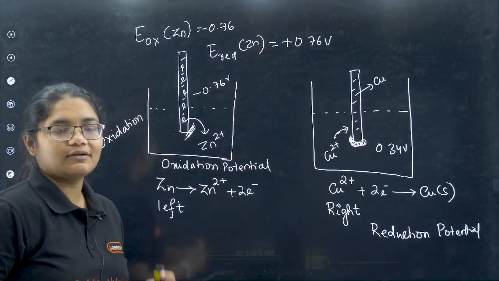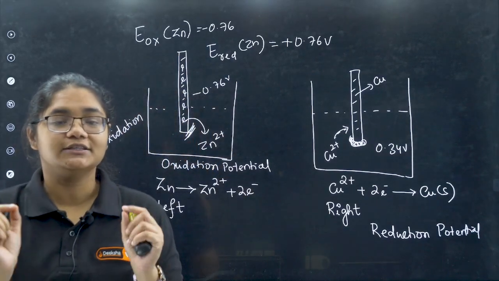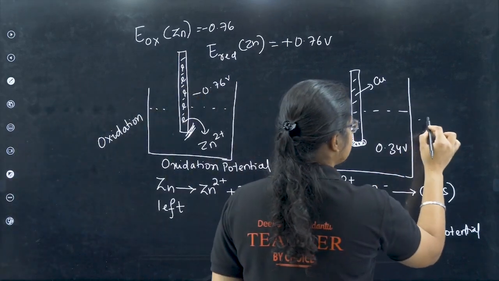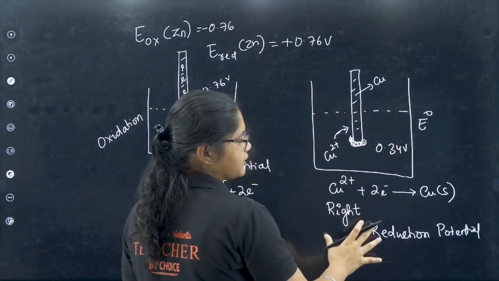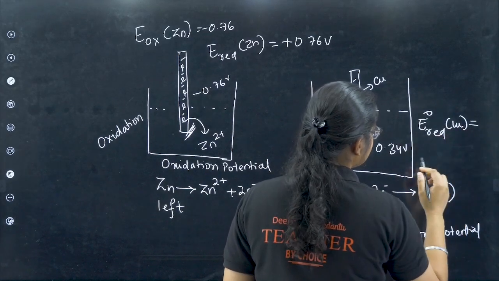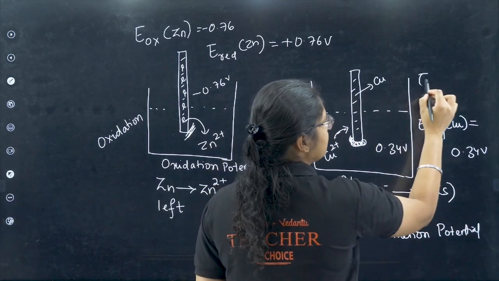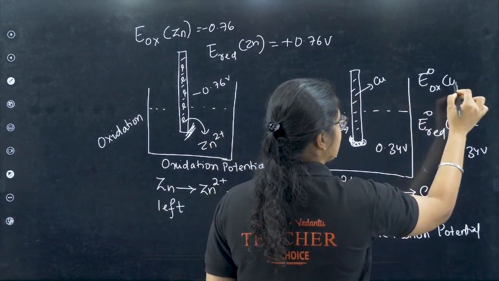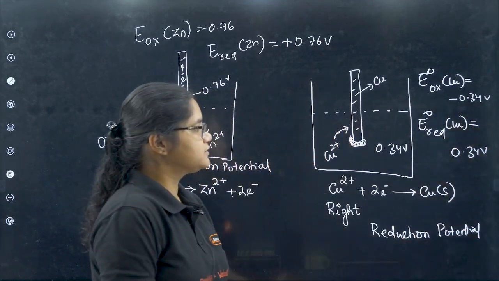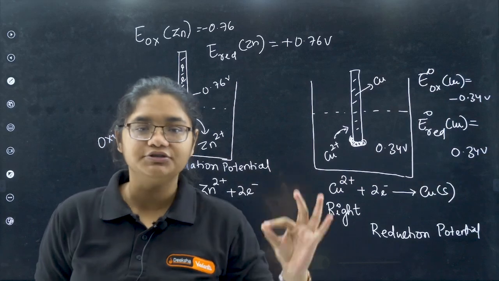To convert oxidation potential to reduction potential, you just change the sign. The reduction potential of copper, since it is undergoing reduction, is 0.34 volt. Its oxidation potential, which is not required, would be minus 0.34 volt, because IUPAC wants everything in the form of reduction potential.